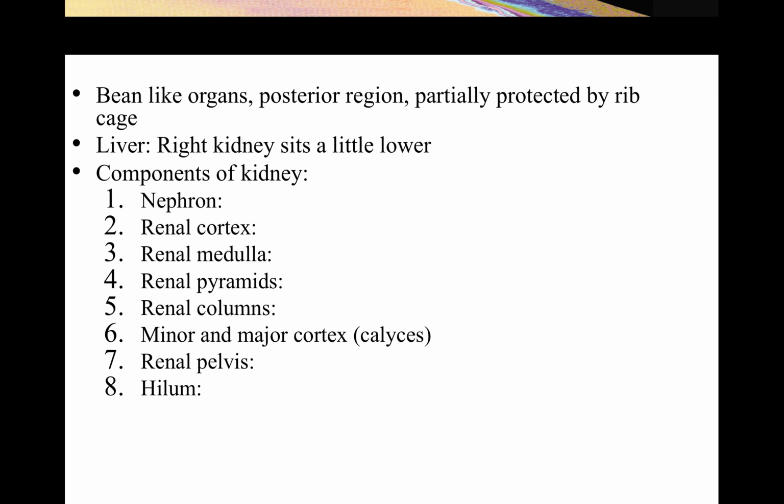Renal pelvis is basically where major calyces are emptying into. I just noticed that this is a wrong word, guys. This is supposed to be major calyx, not cortex. So please make that correction in your notes. This is major calyx.